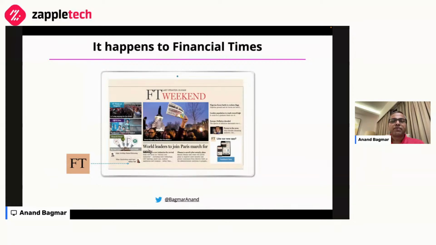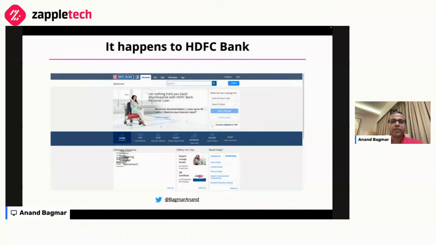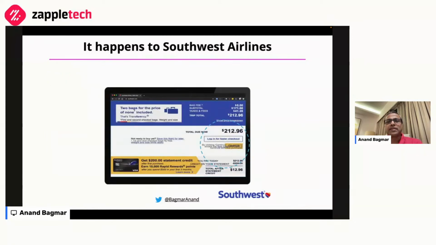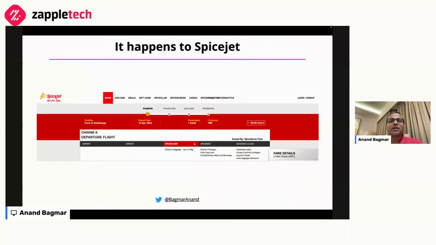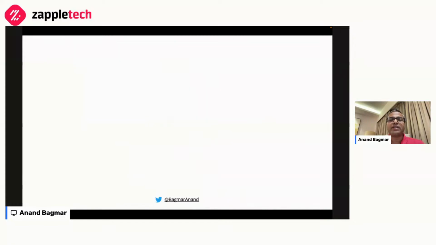A news media website, in the browser in this case, or e-commerce, where the CSS is broken, banking website, airlines. And I've got many different examples of airlines now that travel has started. Again, I've seen a lot of these issues in the products.